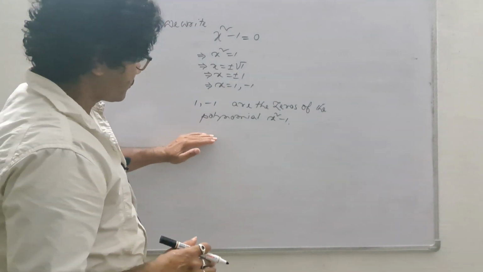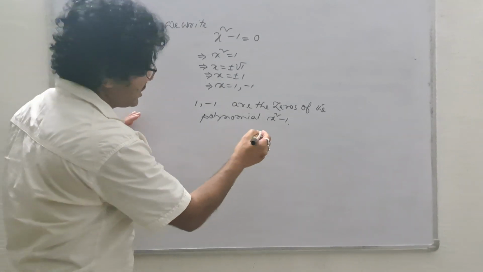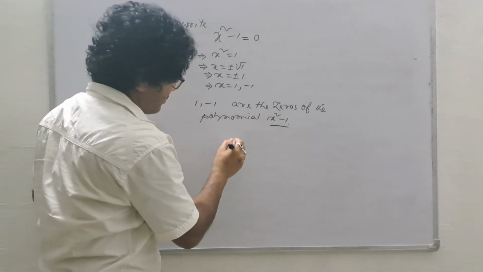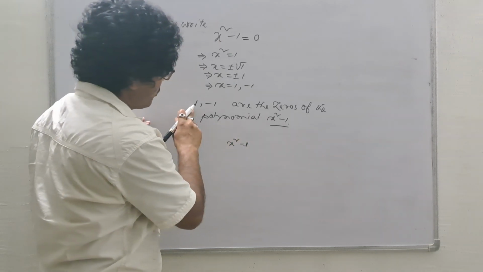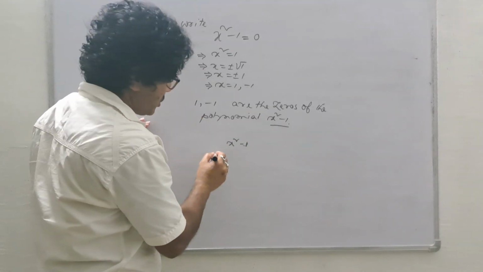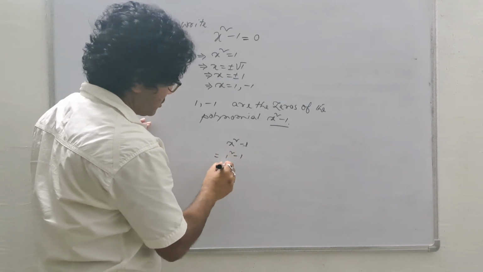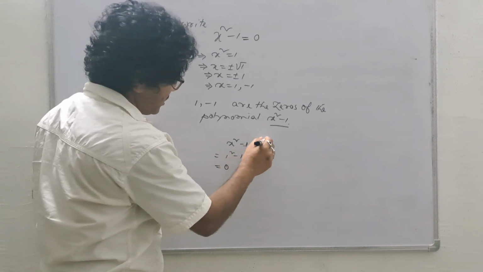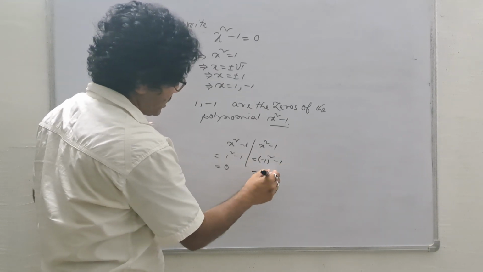You see, what are the zeros of the polynomial? This polynomial x squared minus 1, we have got that 1 and minus 1 are zeros. So if you put x is equal to 1, what do you get? 0. Again, if you put x is equal to minus 1, what do you get? 0.